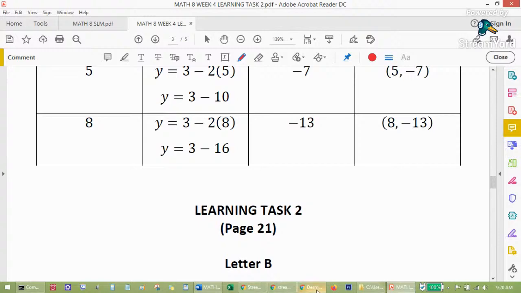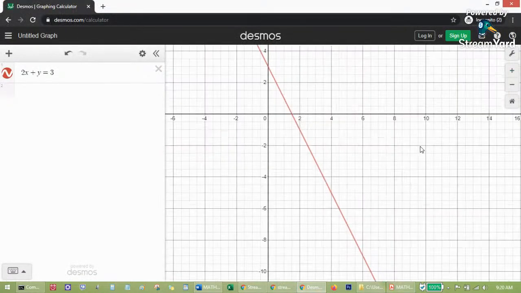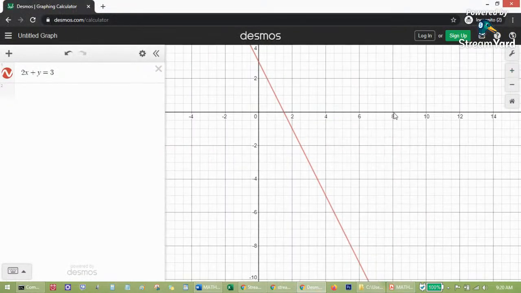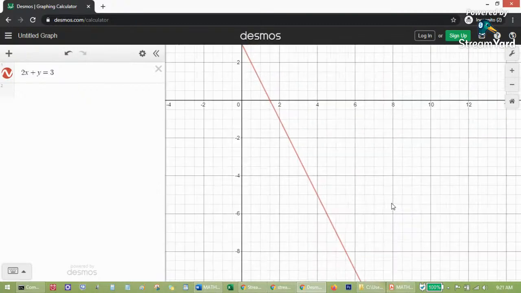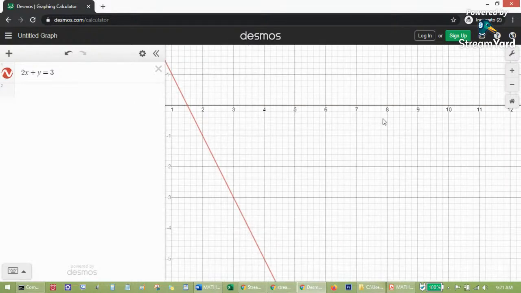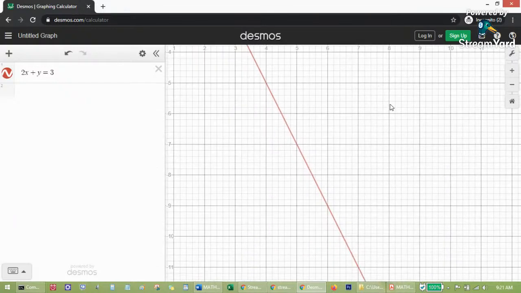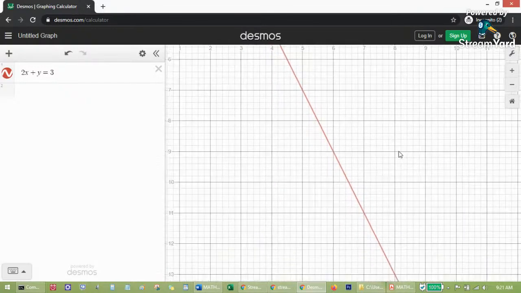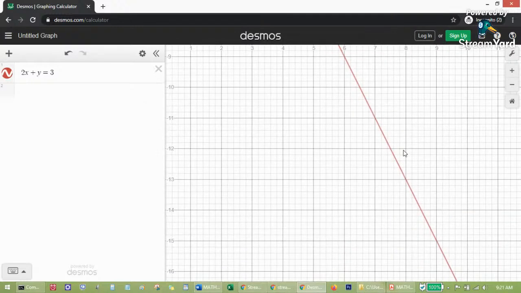Okay? So, pag tinignan natin, hinahanap natin ang 8 dito. Ito yung 8. Pag sinundan natin to, zino-zoom in ko lang para lumabas yung mga odd number, no? So, this is 8. Pag sinundan natin to sa baba, hanggang tumama siya dito sa line.